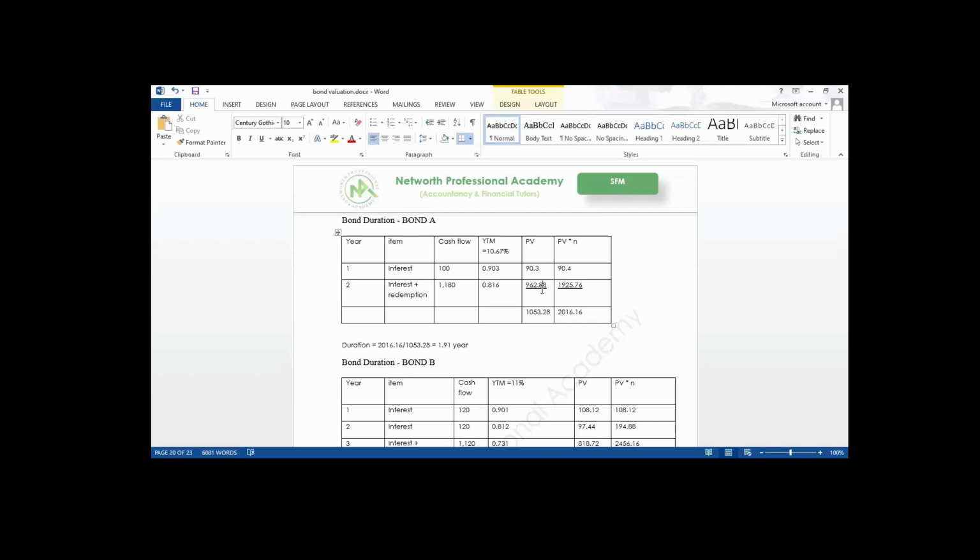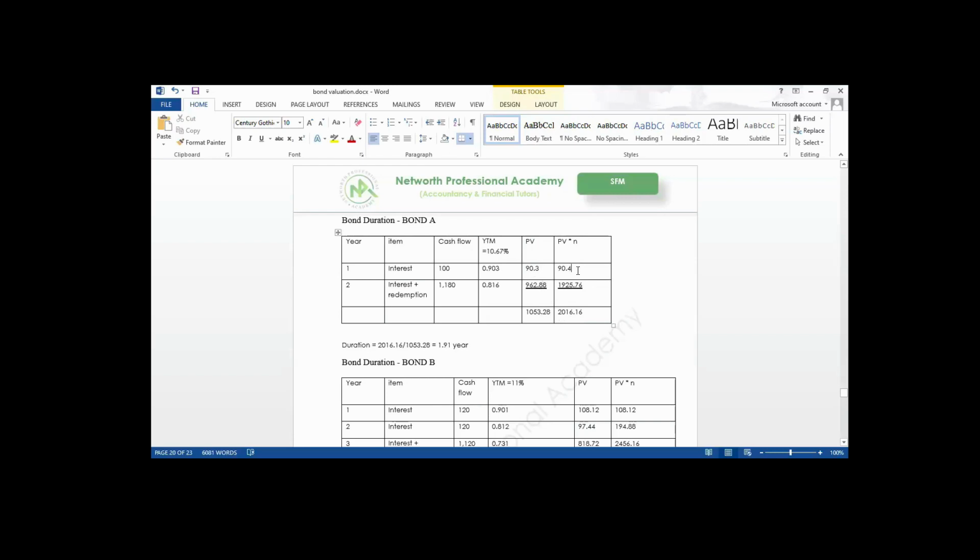Let's multiply. For year 1, 90.3. Year 2, 962.88. Together, 1,053. When you are done, great. That is the summation.